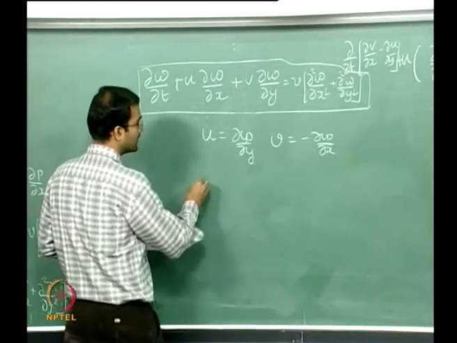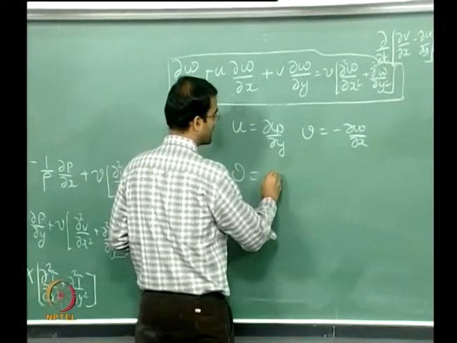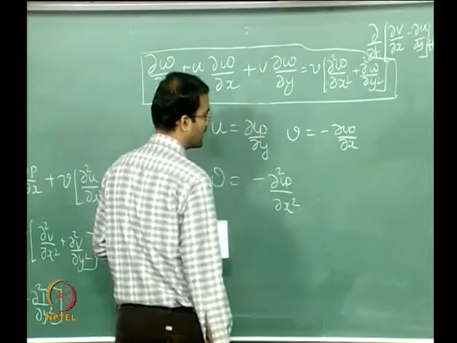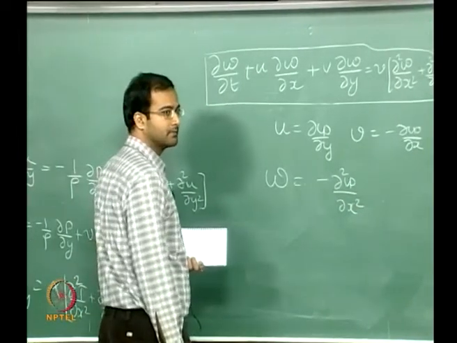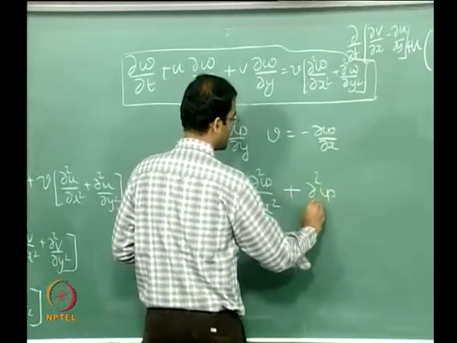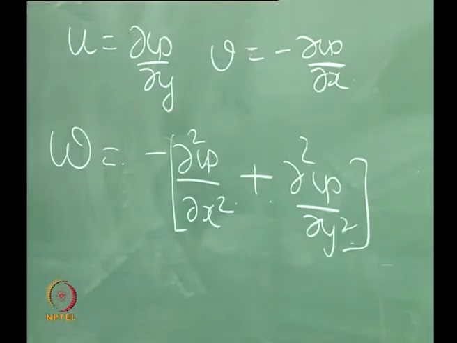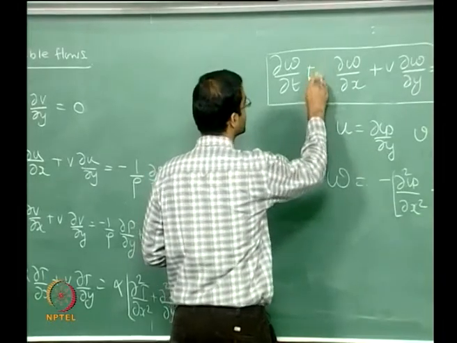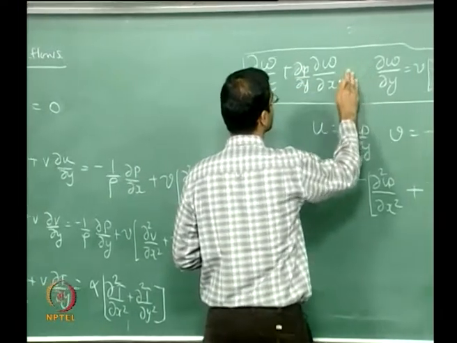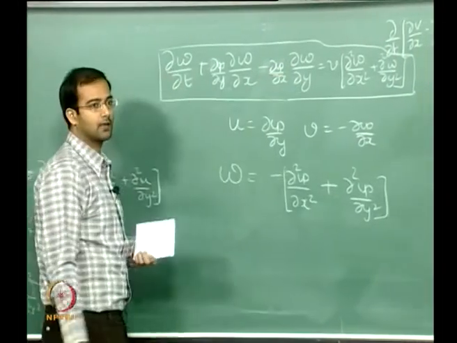Your omega will be, if I take dv by dx, this is minus d square psi by dx square, and du by dy, so minus of d square psi by dy square. You can now substitute this in terms of the stream function, therefore you have eliminated the velocities.